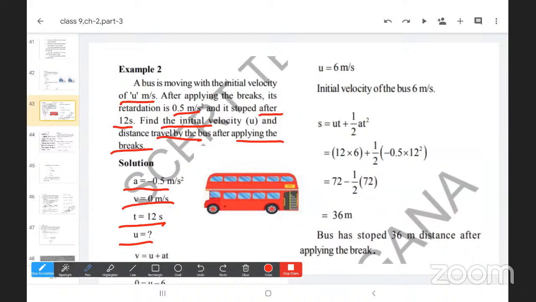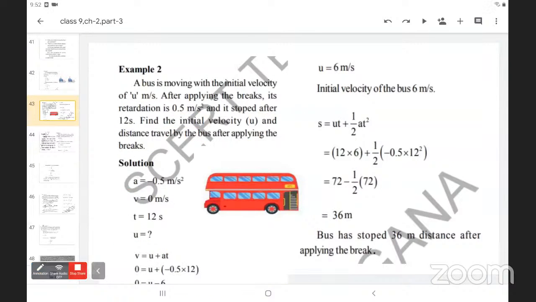So substitute all the values in this equation. v equals u plus at. We know v equals 0, and u we don't know, so we write it as it is, u, plus a equals minus 0.5 and t equals 12.